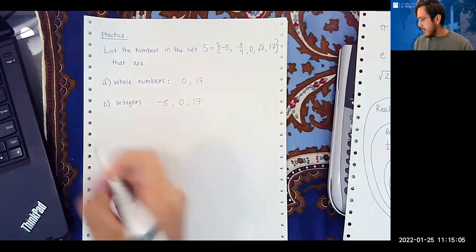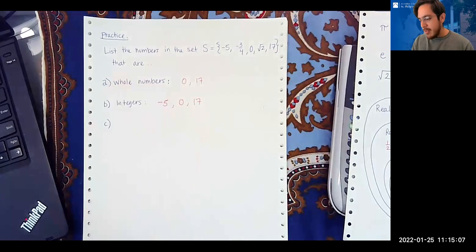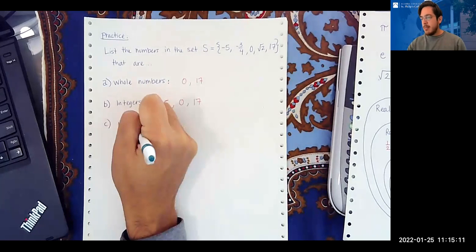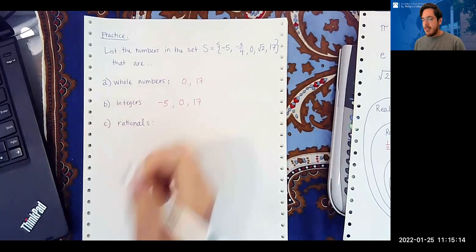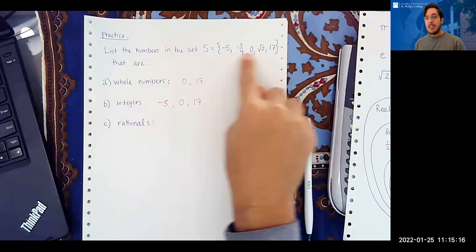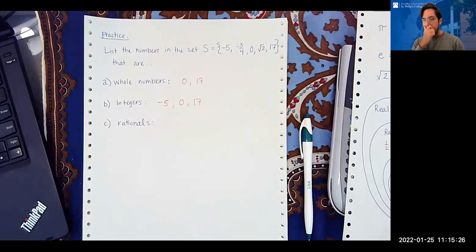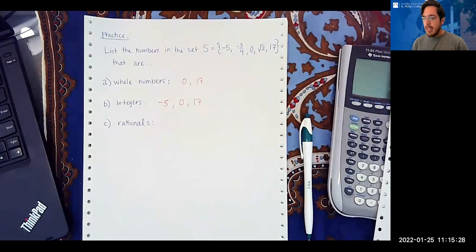Okay. What about rational numbers? Which of these numbers is rational? List all of them that are rational. -3/4. That's definitely a rational number for sure.